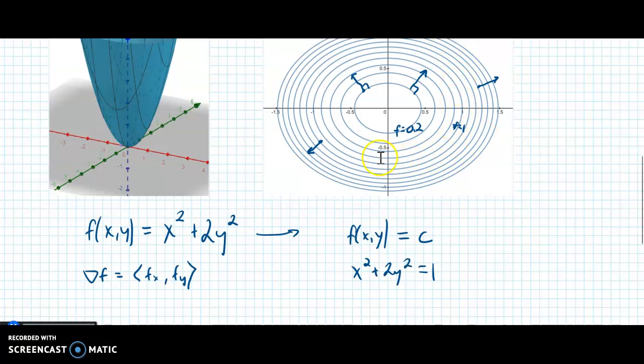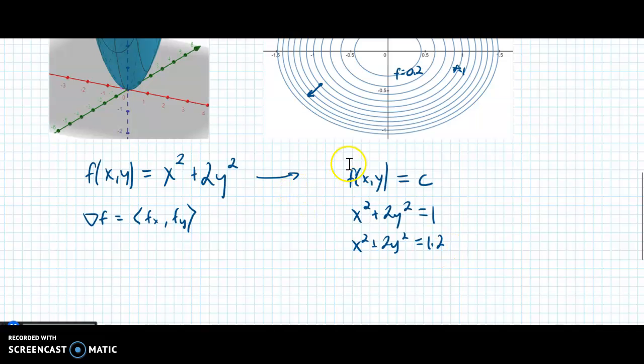That would be the contour plot for f equals 1. If I were to do x squared plus 2y squared equals 1.2, since I've plotted this with gaps in the contour of 0.2, that would be the next one out. So I want you to see that f of x comma y equal to a constant gives me those different contour lines.